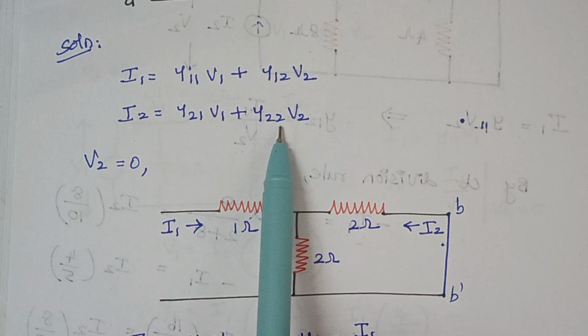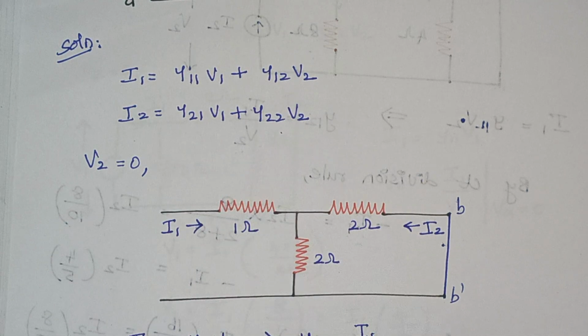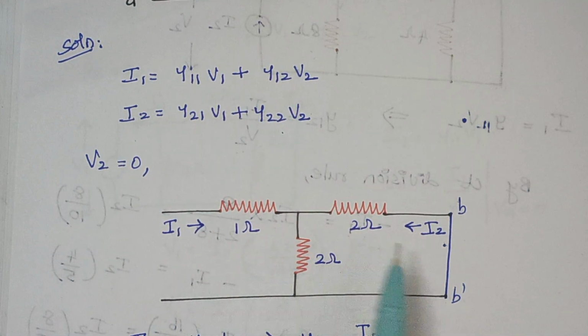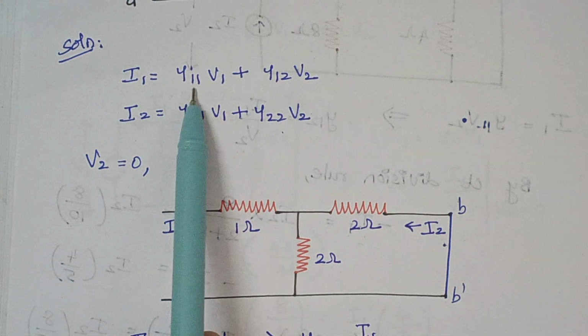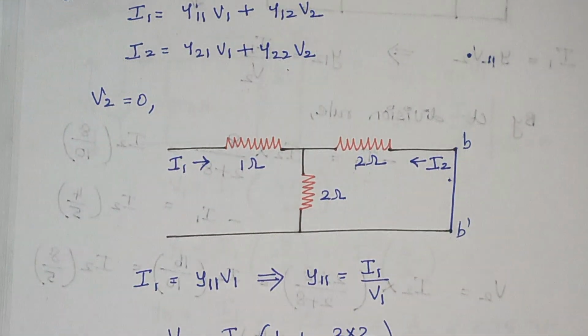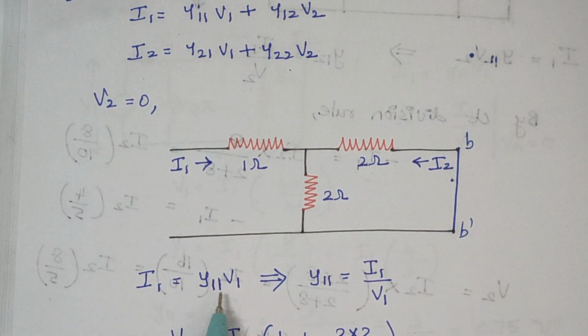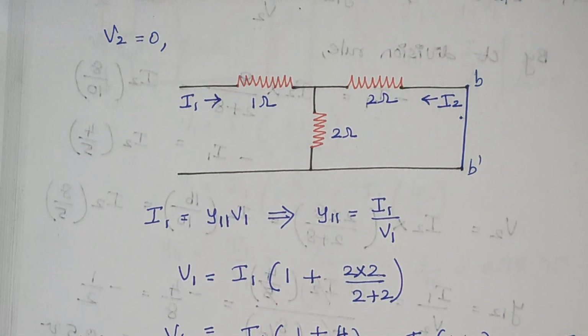So now we are going to find the values y11 and y21. You see, what is the expression for y11? It is I1 by V1. So here I1 is nothing but y11 V1, and y11 is given by I1 by V1.